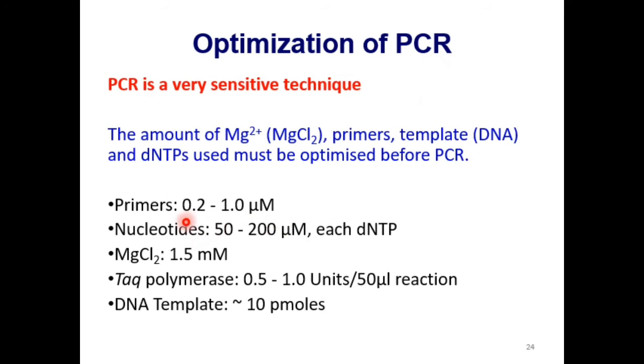By the way, all these concentrations, no need to memorize at all. Even in the previous slide that I showed you, the amount or the quantity of the reagent, you don't need to memorize. However, you need to know the components of PCR. But in terms of the quantity or concentration, you don't need to memorize them.